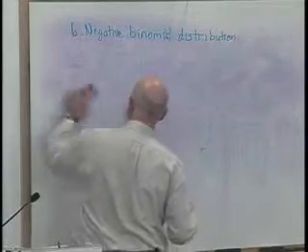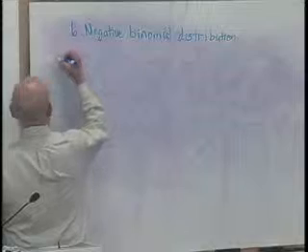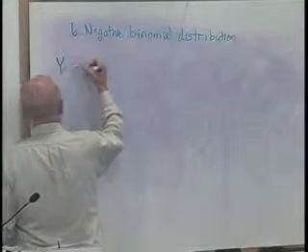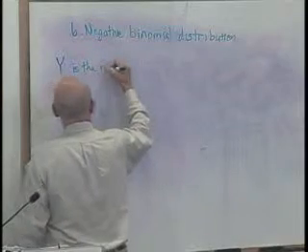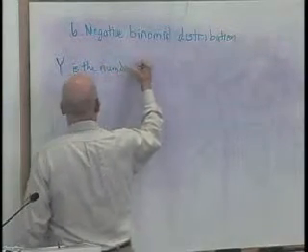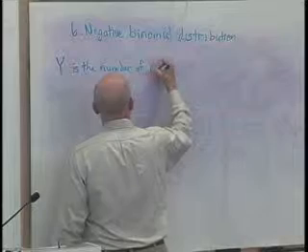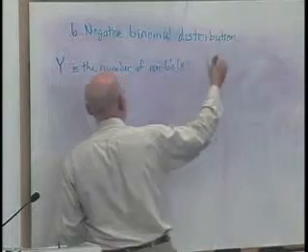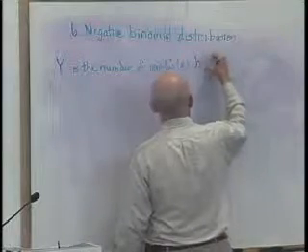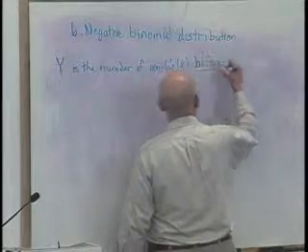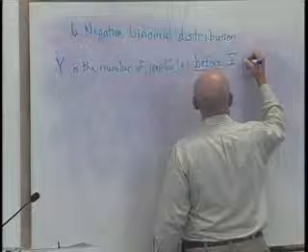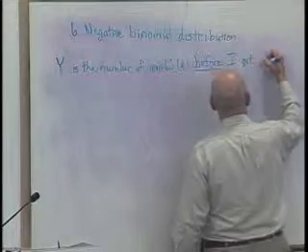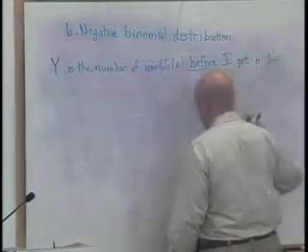This one, just to keep you on your toes, I'm going to say y is the number of non-6s, which I'll denote by x, before I get n sixes.